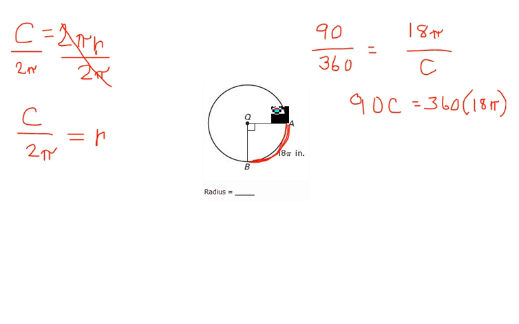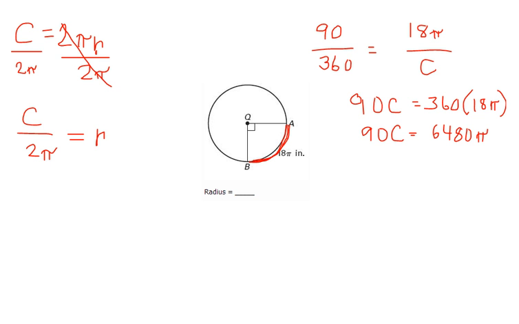Okay, so when we do that, first of all, we end up with 90 times c on the left side, and then 360 times 18 pi on the right side. So now we want to simplify the right-hand side of the equation by multiplying 360 times 18 pi. We're going to leave pi as pi. Let's not substitute anything for pi yet, and I'll explain why in a little bit.